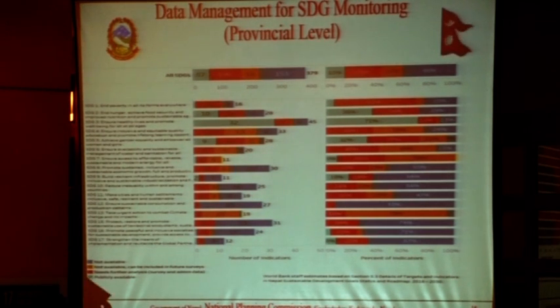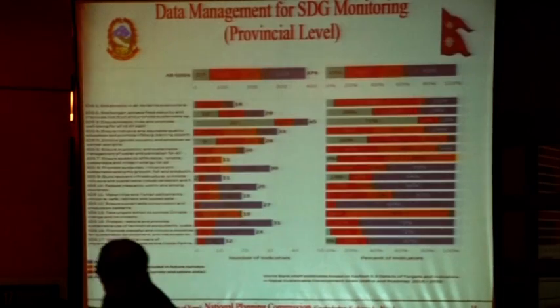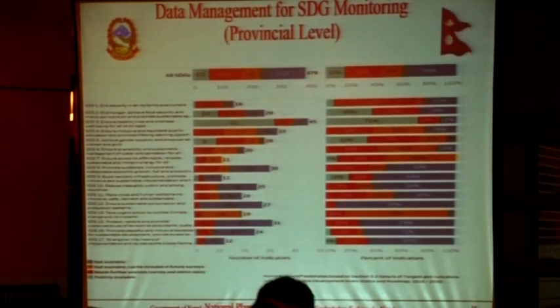About 28% we need to analyze further, and 15% have publicly available data at the provincial level. We have been working on local level data generation and disaggregation. About 130 indicators for which we have already identified disaggregated data at the provincial level.